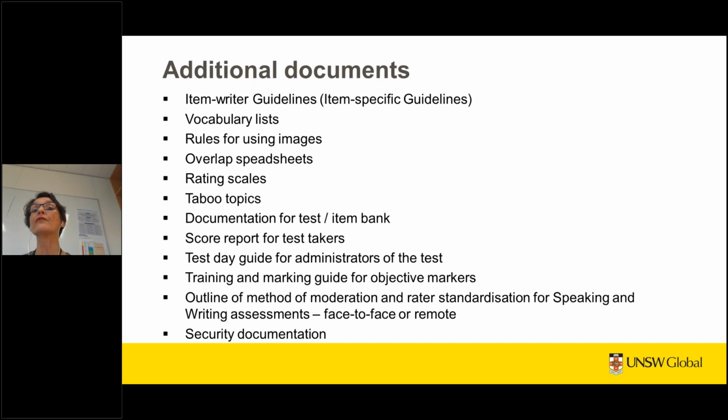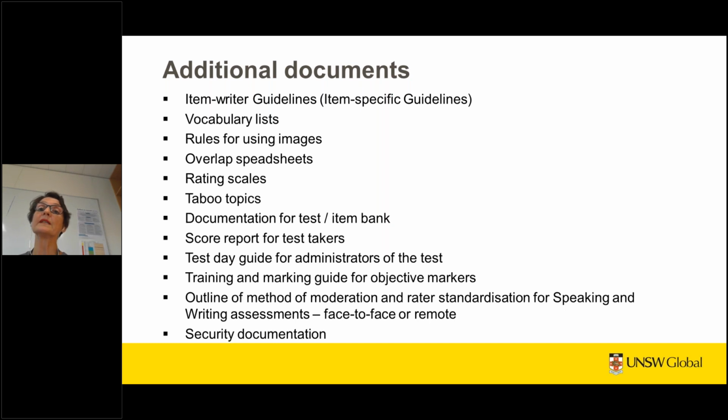Also for style of images, what kind of style are you looking for in your test? Then overlap spreadsheets. So you have a spreadsheet that shows the item writers that they're not testing the same thing twice in the same test.